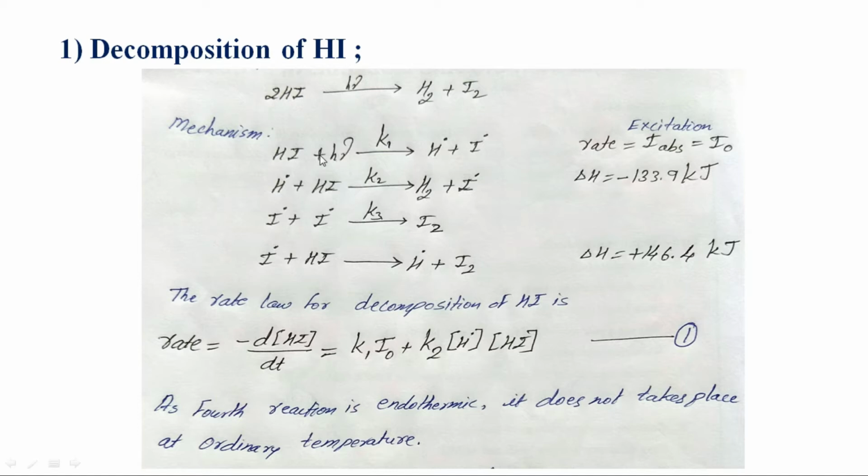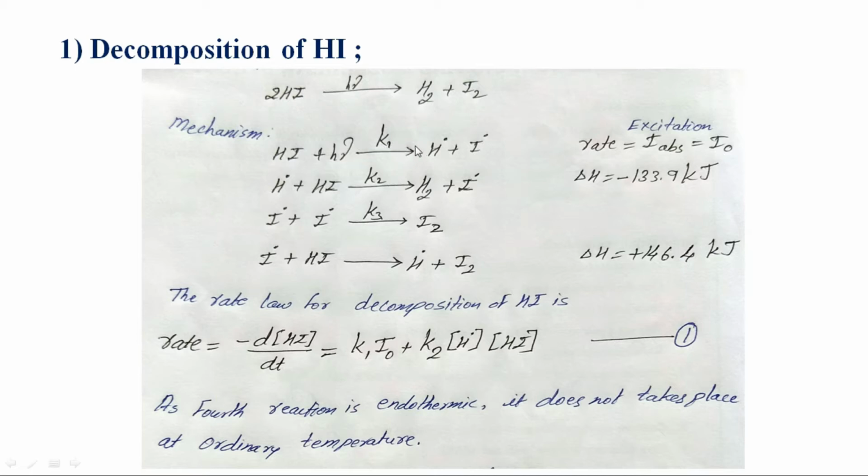Now the first step will be an excitation process where after absorbing the radiation, HI molecule gets excited followed with dissociation into these free radicals, and that is the reason why the rate of the reaction of this particular step is entirely depending on intensity of incident radiation, that is I naught.